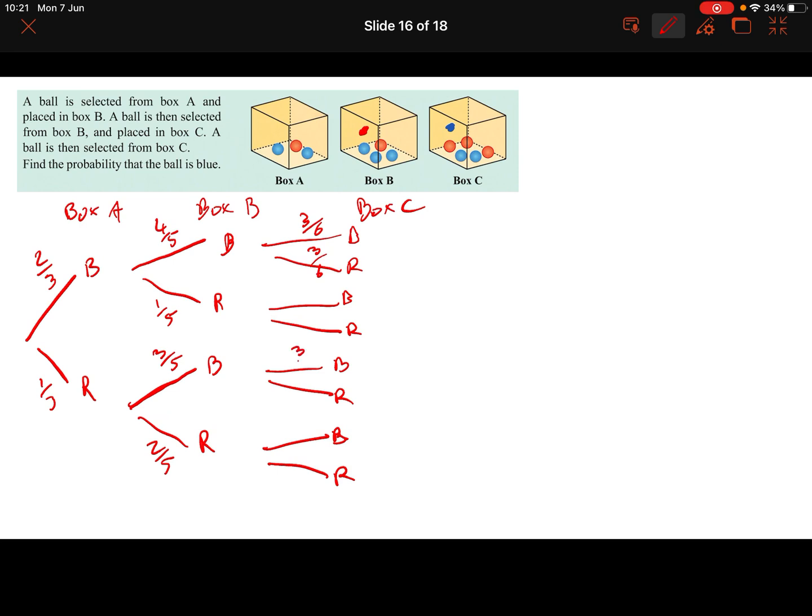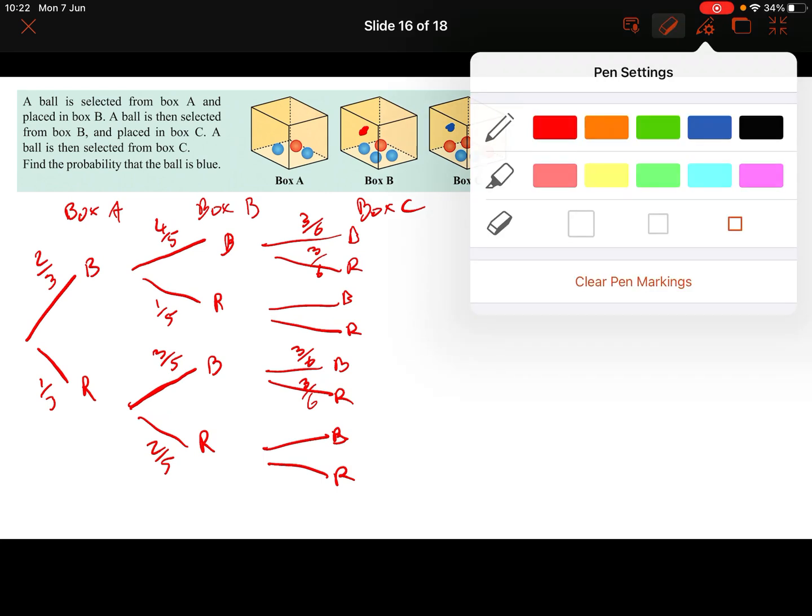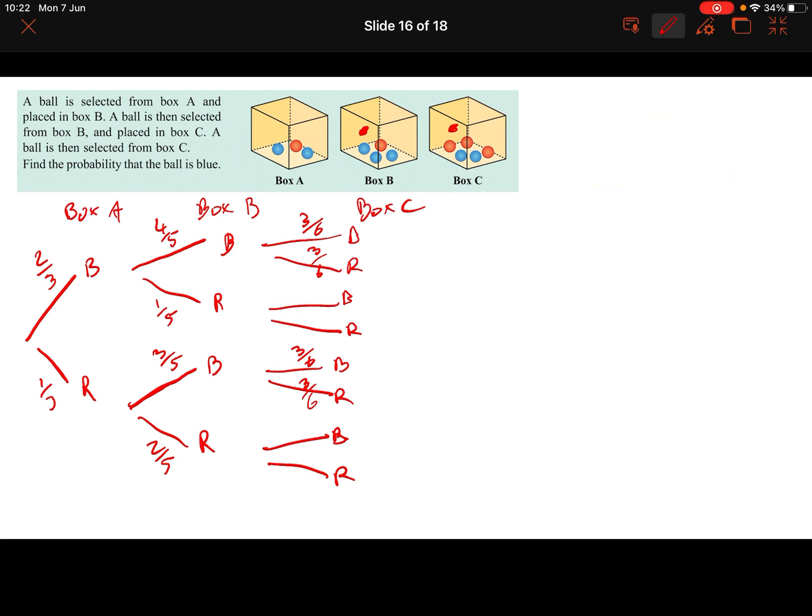So that is the same for any time I put a blue in there. But I may have put the red in, in which case it's only going to be 2 out of 6 for blue and 4 out of 6 for red, and that's the same for any time that I did a red. So 2 out of 6, 4 out of 6.